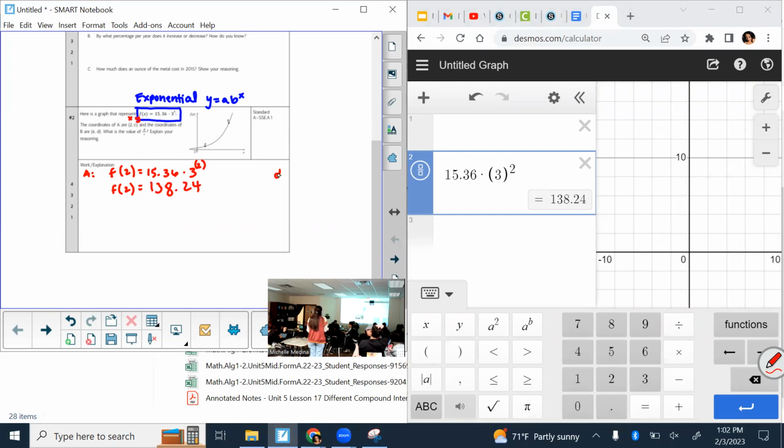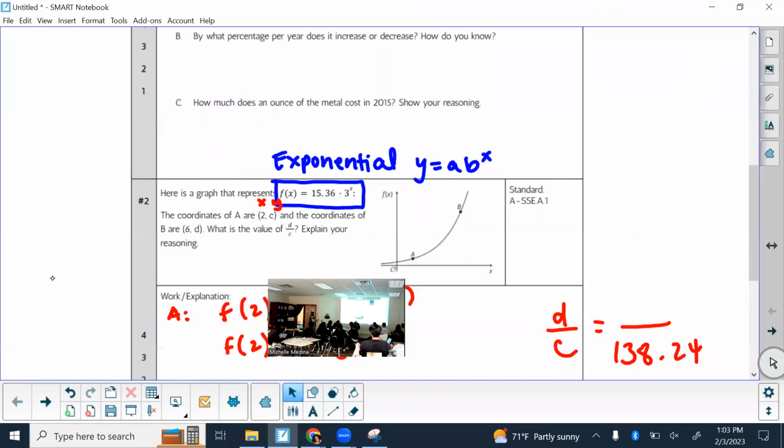All right, and it wants to know what D divided by C is. So my denominator is going to be 138.24. I still need to figure out D. Make sense? How do I figure out D? Plugging in what? Well, you mean coordinate B? Okay, what's in the X of coordinate B? 6, yeah.